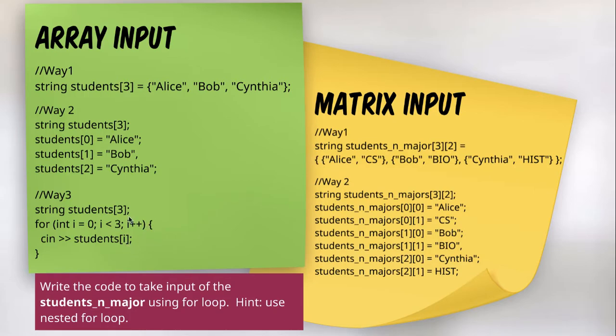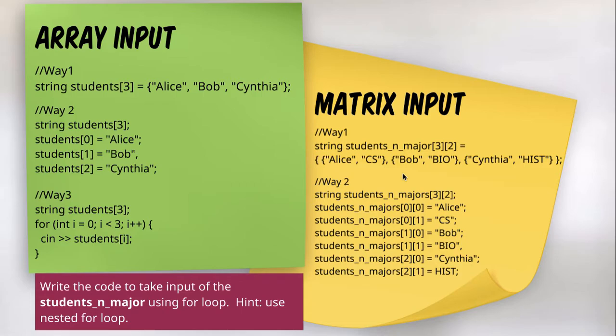In the next iteration, it will again ask the user to input the 1st element because i is already incremented to 1. And in the final iteration, it will ask the user to input the 2nd element of the array because i already incremented from 1 to 2. And this way you can take the input from the user.